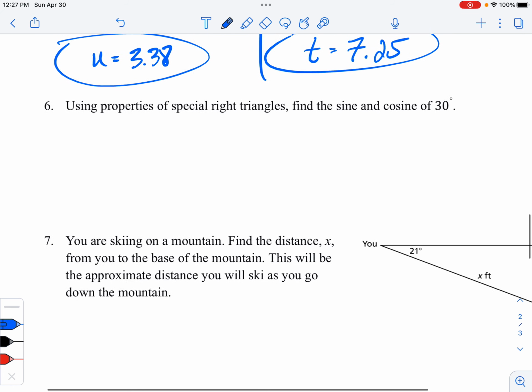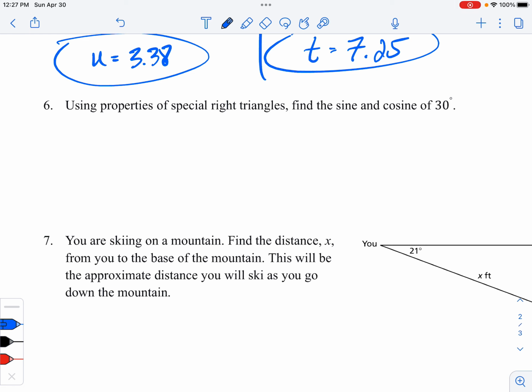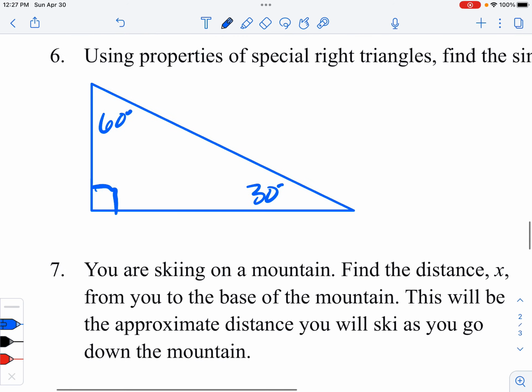Moving on, these ones with the special right triangles. Okay, so I'm looking for sine and cosine of 30. So I always recommend drawing this model. And when we were originally working with these models, we said if this is a 30, 60, 90, we said that the sides would be n, 2n, n square root of 3, where n can be any number, right?